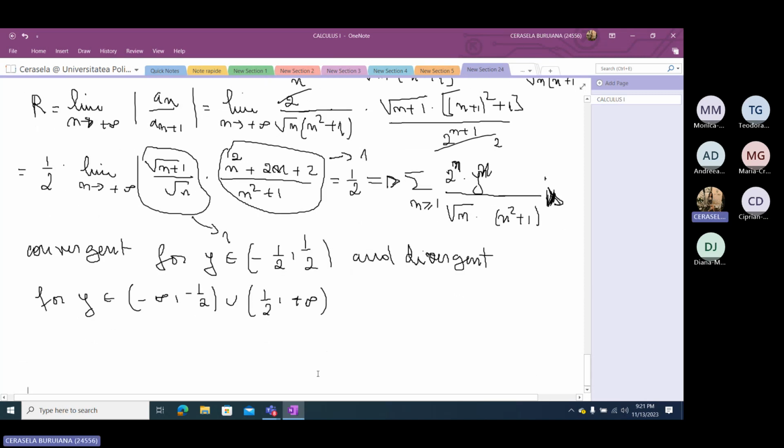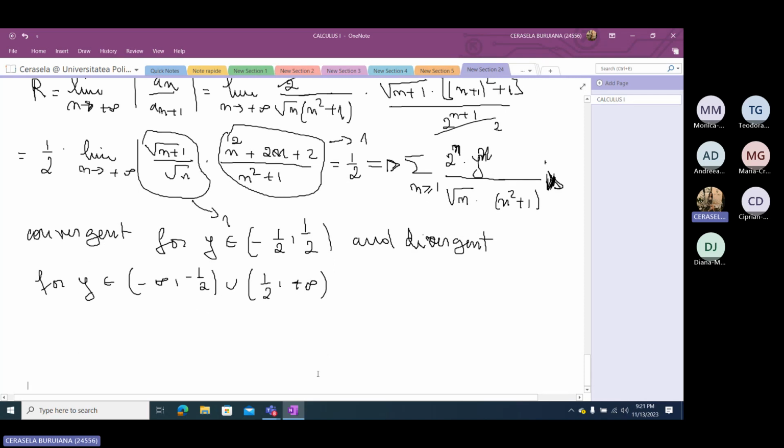Exactly. I'll take 1/2, then minus 1/2, and check the nature of the series in these situations. Let's say I take y to be 1/2. By replacing y by its value, it will be 2 power n, instead of y, I put (1/2) power n.